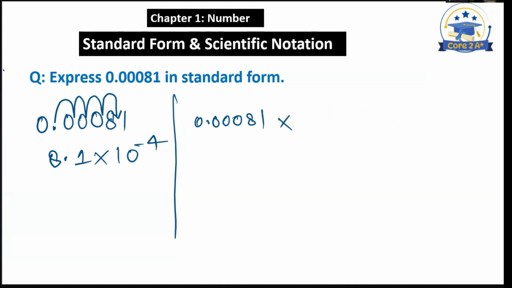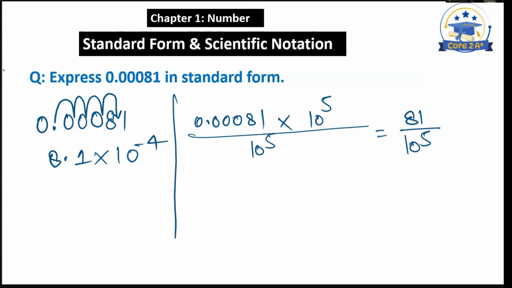By multiplying 10 to the power 5 upon 10 to the power 5, right? 1, 2, 3, 4, 5. So it would be 81 over 10 to the power 5. Okay, are you getting so far? And now 81 multiplied by 10 to the power minus 5. Okay, but this is not standard form. In standard form, there must be a decimal after 8.